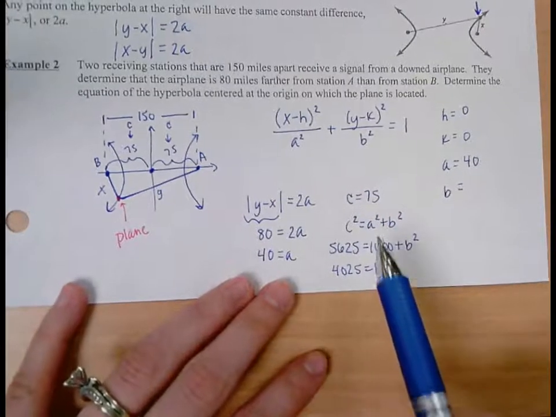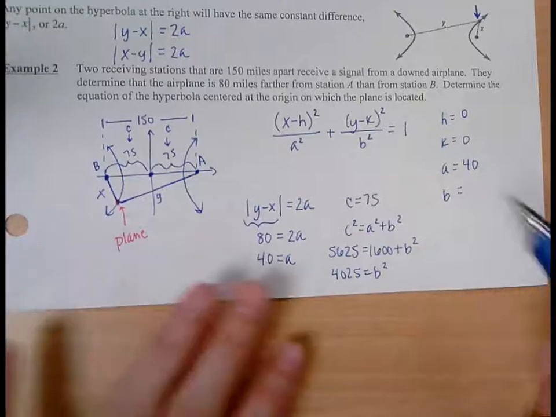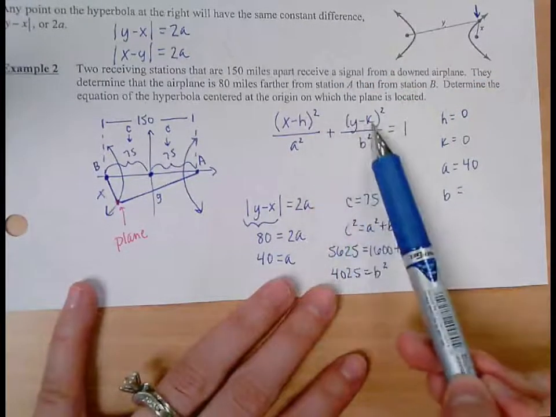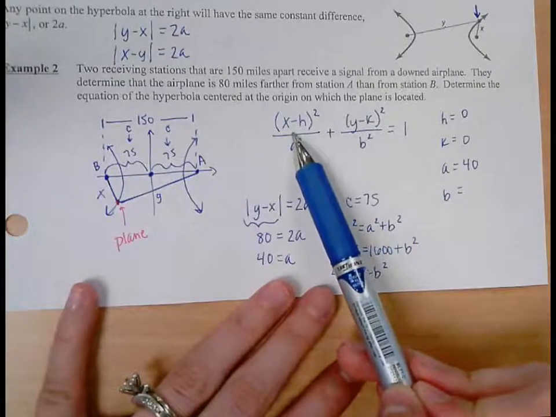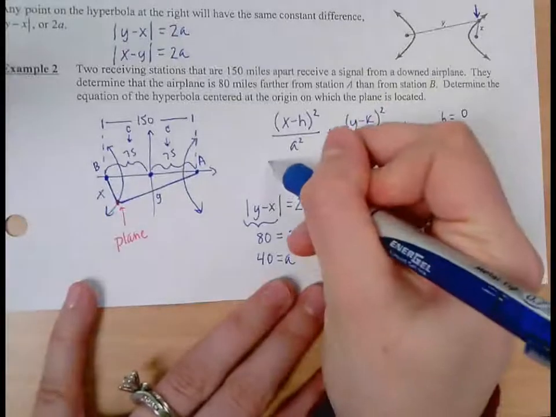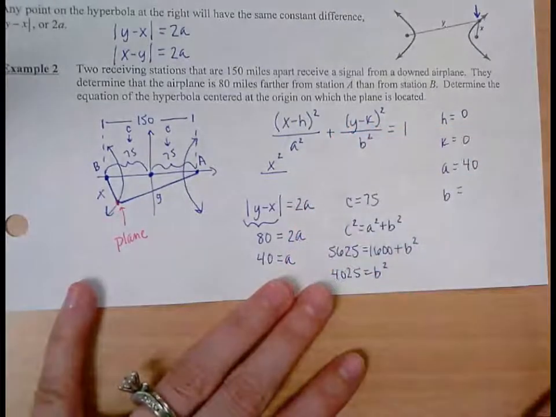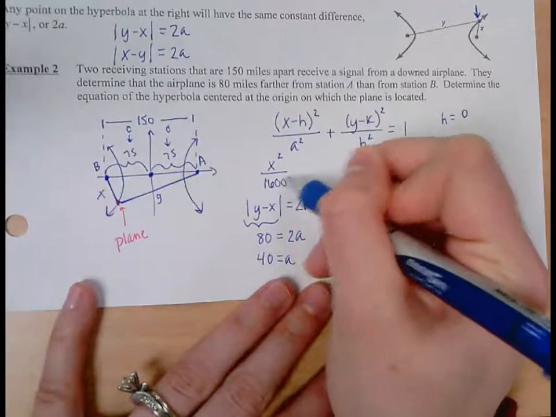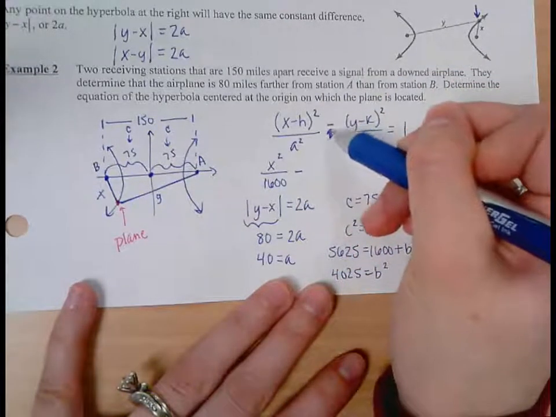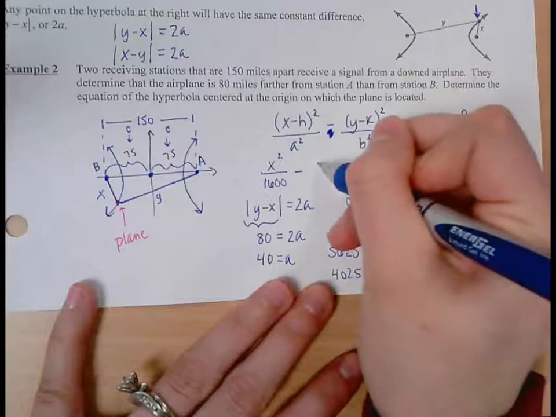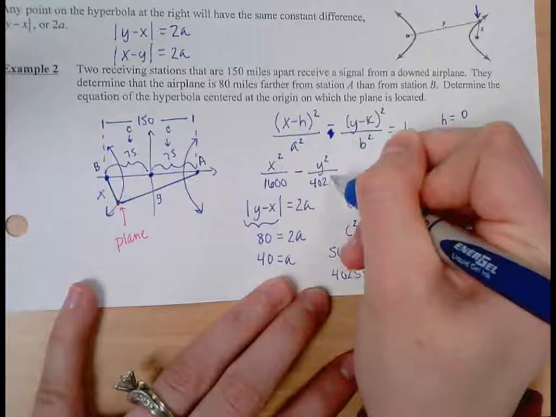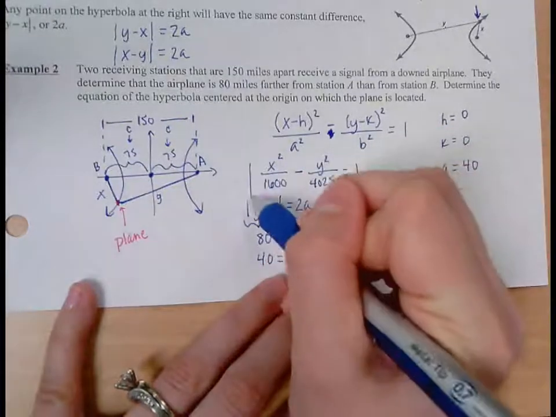So we have everything we need at this point to write our equation. I'm just going to write it right here. Because h and k are both 0, I don't have to write x minus 0 and y minus 0. You can, you don't have to. I could just write x squared over 1,600 minus, it should have been a minus sign, not a plus, minus y squared over 4,025 equals 1.